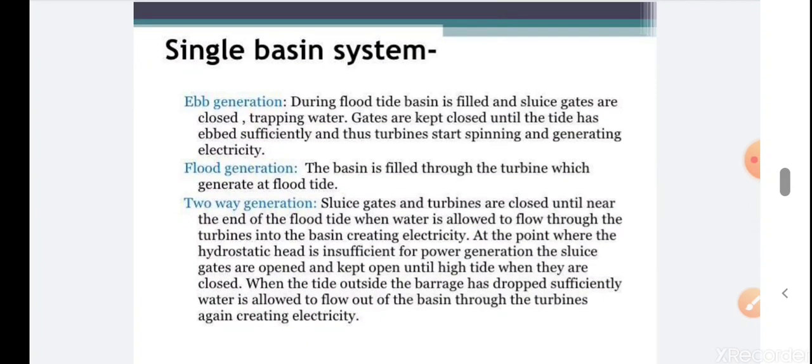If we talk about the single basin system, there are ebb generation systems, flood generation systems, and two-way generation systems.